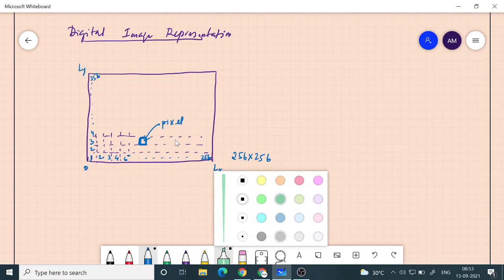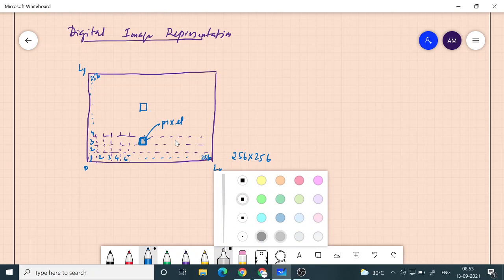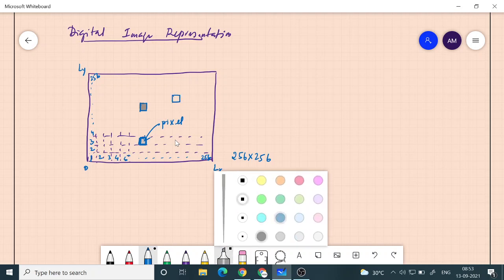Maybe, so here I have grayscale, so I give this color. Then I take another pixel somewhere here. Here I give another grayscale, maybe a more dark, like this. So this is another grayscale. So depending upon how many different grayscales, I am talking now only about black and white, so it will have only one color, which is basically dark or bright. Another one I can give somewhere here. So here I will use maybe this.